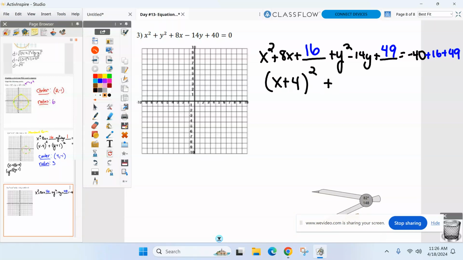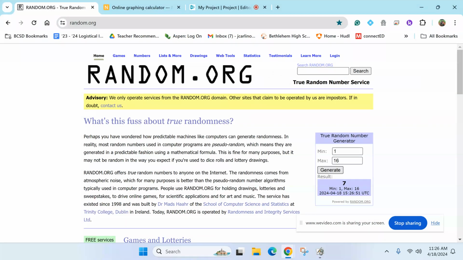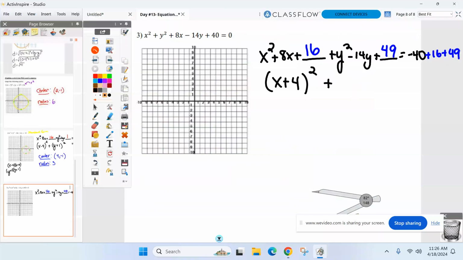And then over here, what's the deal? Y squared minus 14y plus 49. What's that factor into? Y plus 7 squared. Nope, the answer was y minus 7, not plus 7. So good try.